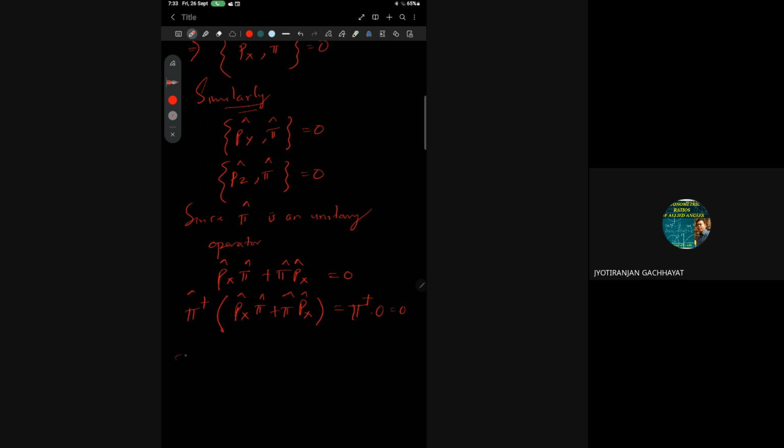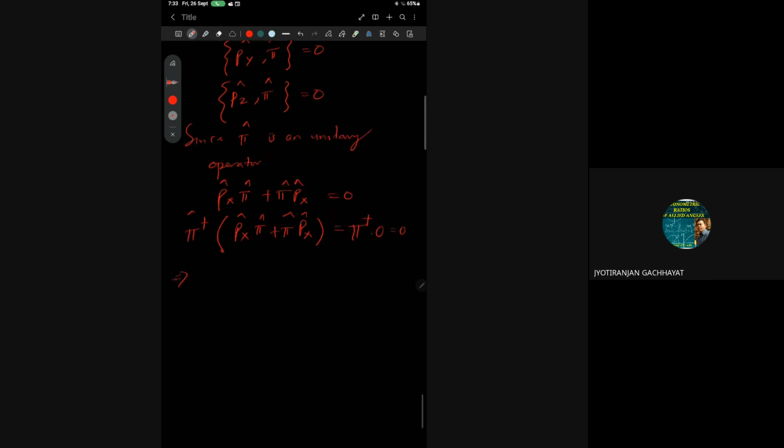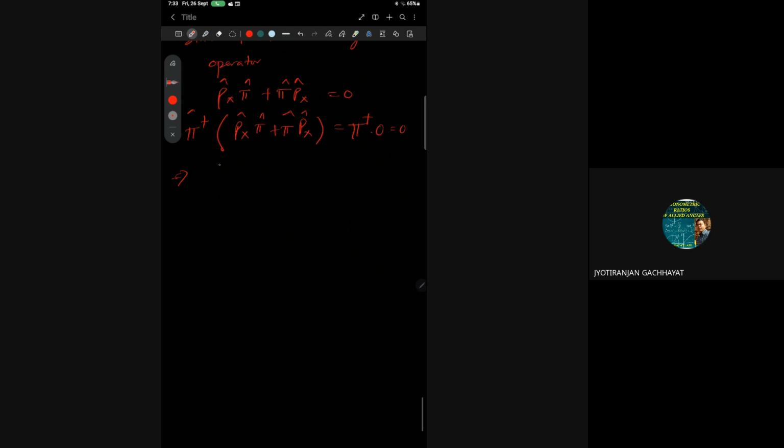Now, what exactly am I getting? Pi dagger px pi plus pi dagger pi px is equal to 0. This implies pi dagger px pi, and now pi dagger pi is basically identity, so this will be equal to minus px.